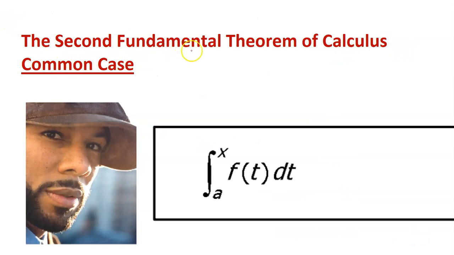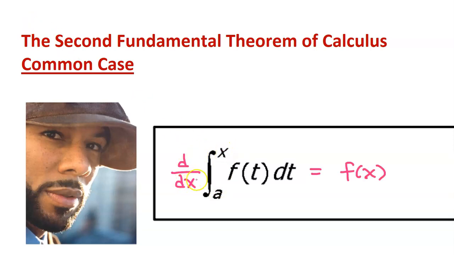The second fundamental theorem of calculus tells us what happens to an integral defined function when we take the derivative. The second fundamental theorem of calculus has a general case and a common case. We're going to start with the common case. This is the one where we have a number for the lower limit of integration, just a constant, and a simple variable, just x, for the upper limit of integration.